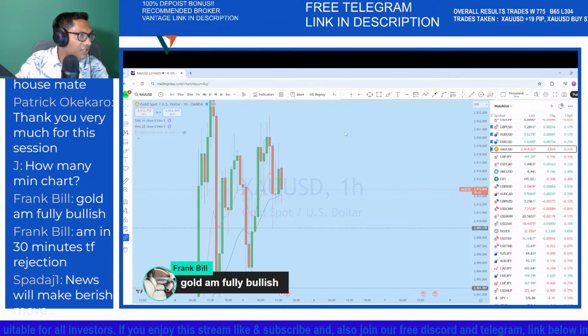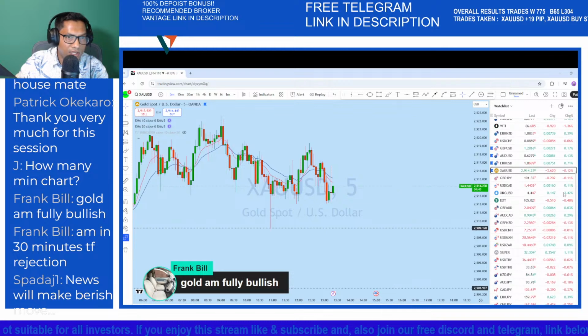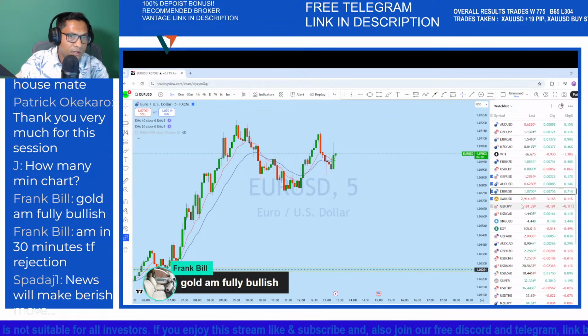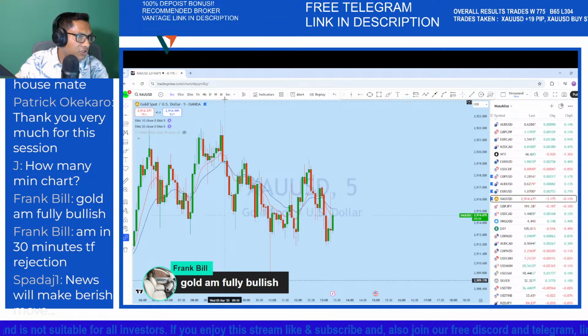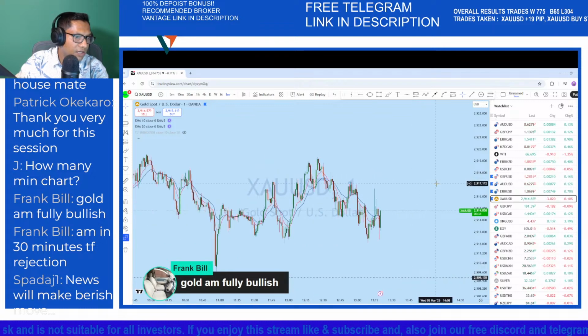The price is in a range here. Let's see what's happening with the euro dollar. Yeah, XAUSD, little range, showing in a range at the moment.